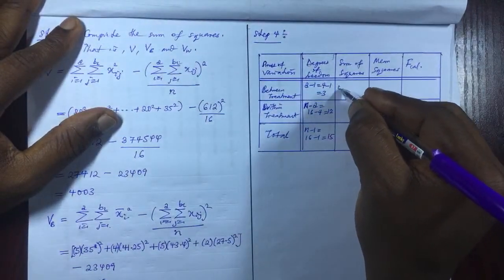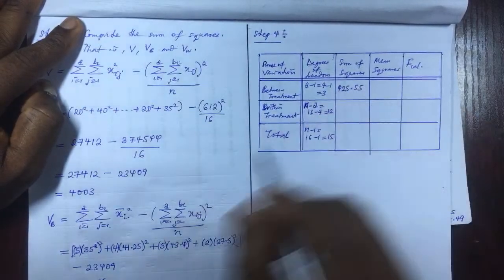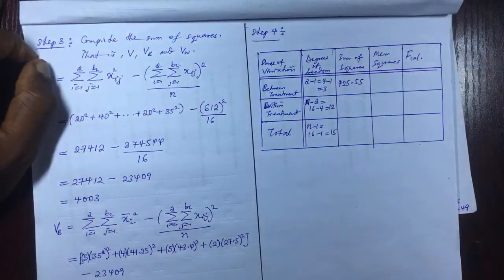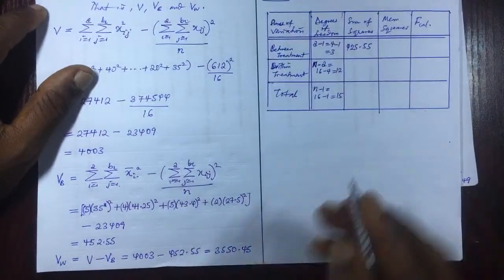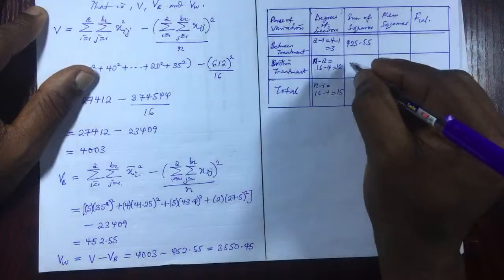Now for the sum of squares, just quickly bring the values we have. 425.55 was what we had for our variation between treatments. Then I'll bring the one we had for within treatment, 3550.45, here.